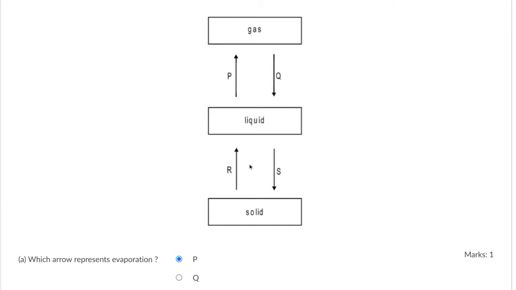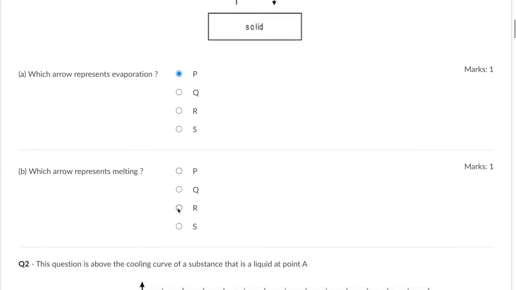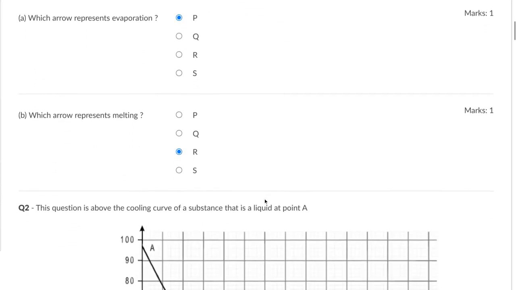While we're here, S would be freezing or solidifying, and Q would have been condensation. So going back to question 2, R was the answer for melting. So just 2 questions on that one.